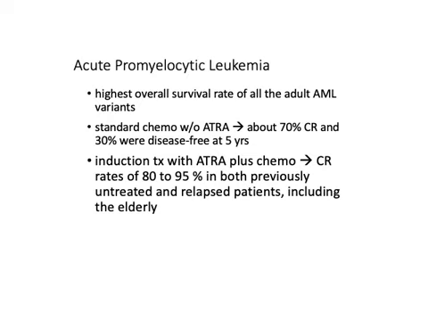However, if you add ATRA to the chemotherapeutic agent, you can increase the complete remission rate to 80 to 95% in both previously untreated and relapsed patients, including the elderly.